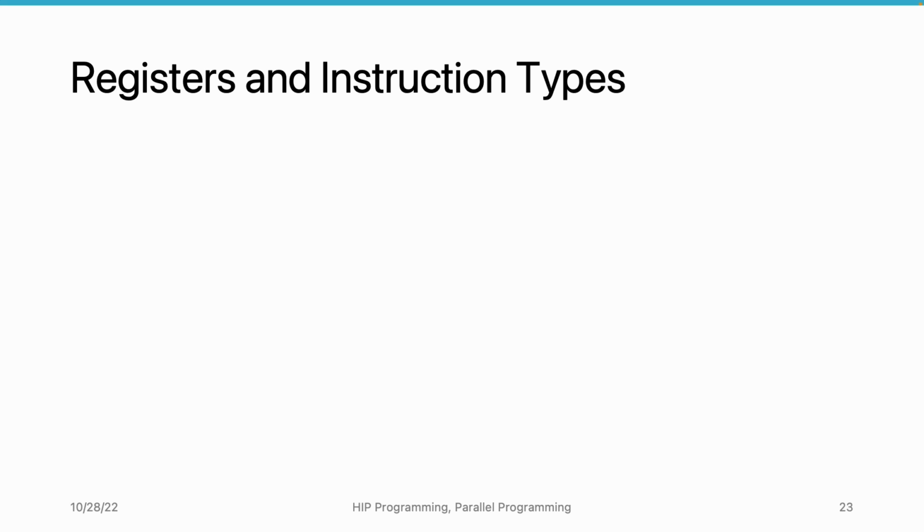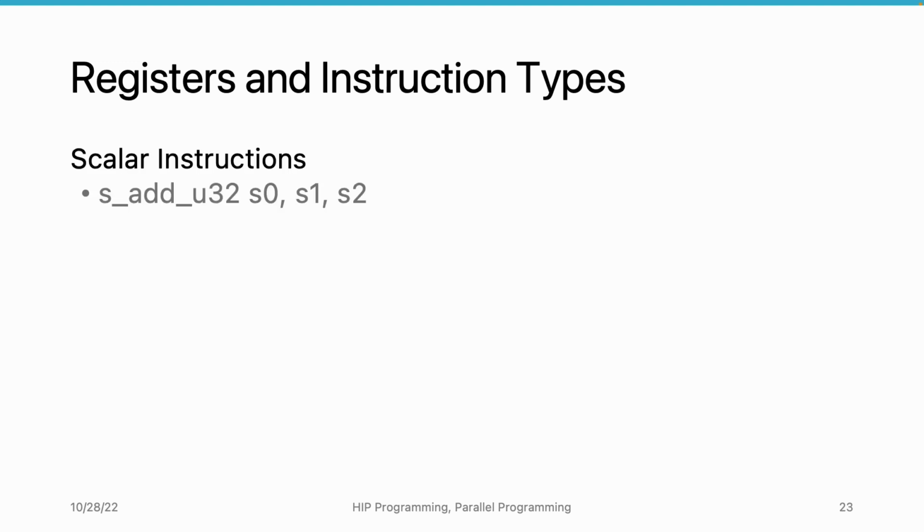What are the register and instruction types that are provided by the AMD assembly? There are scalar instructions. For example, we have this instruction called s_add_u32. It's very similar to the previous instruction. The only difference is the prefix. Previously it was V, now it's S. This S represents that it's a scalar instruction.